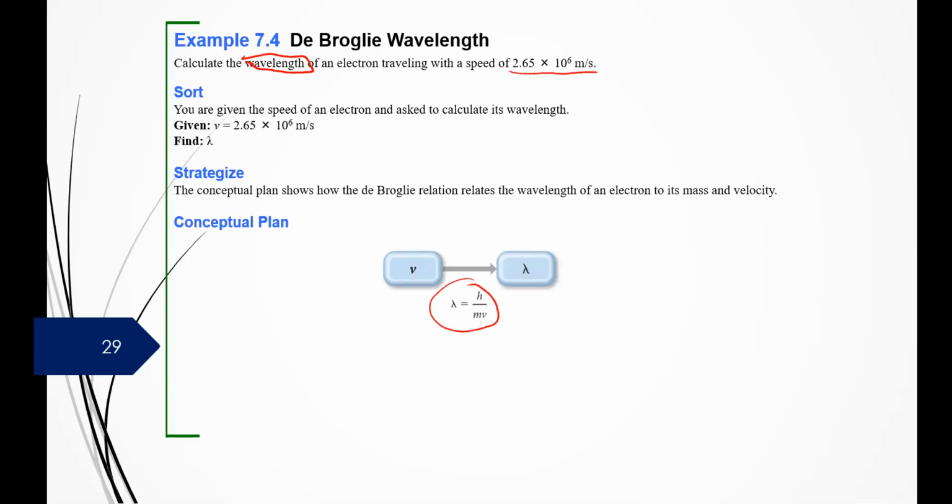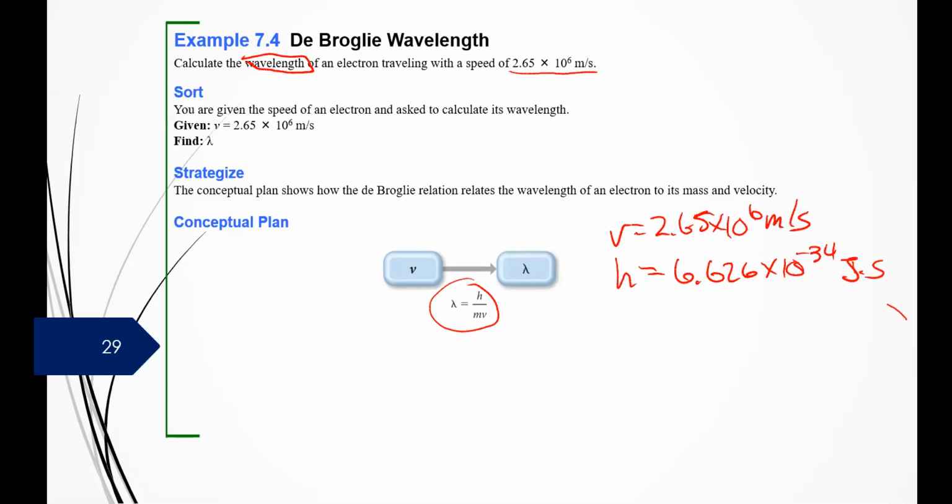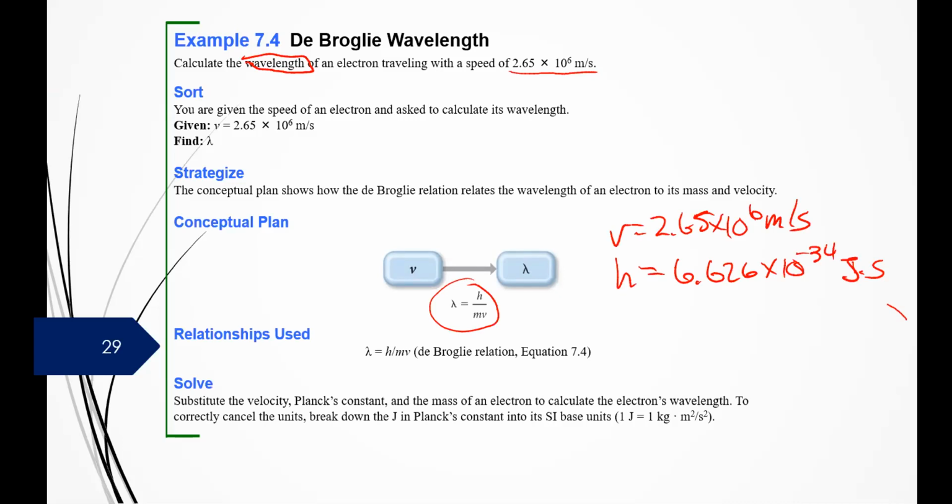We know that we have the velocity. We know that h is 6.626 times 10 to the negative 34 joule seconds.